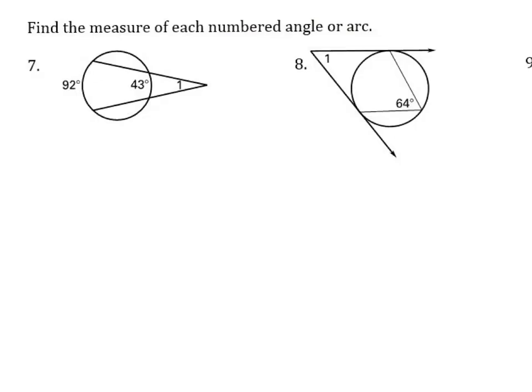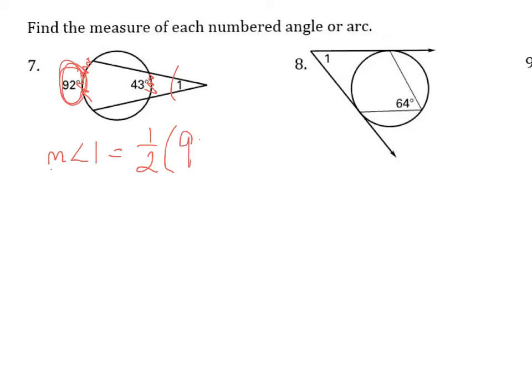So for this first example, I have angle 1 outside of my circle formed by these two secants. So the two arcs they give me are 92 and 43. So let's stick to the theorem that they gave me. I know that to solve for the measure of angle 1, it's going to be equal to half the difference between the two arcs. You're always going to start with the larger arc, the arc on the outside.